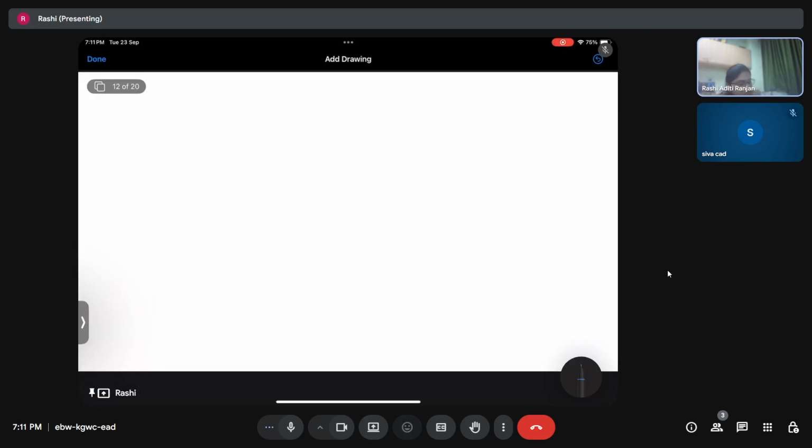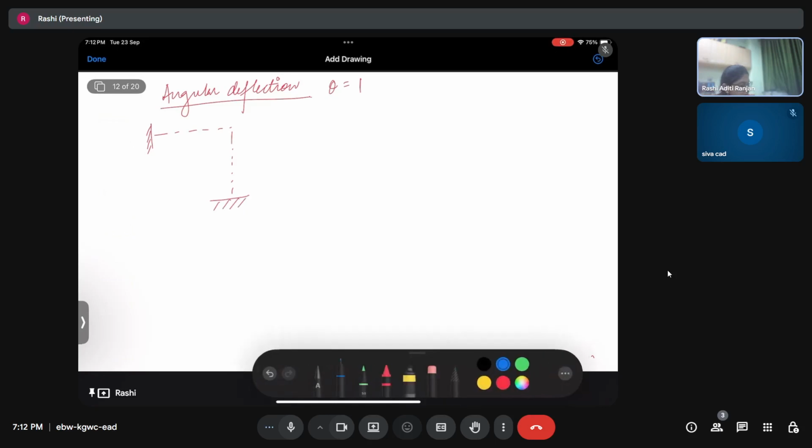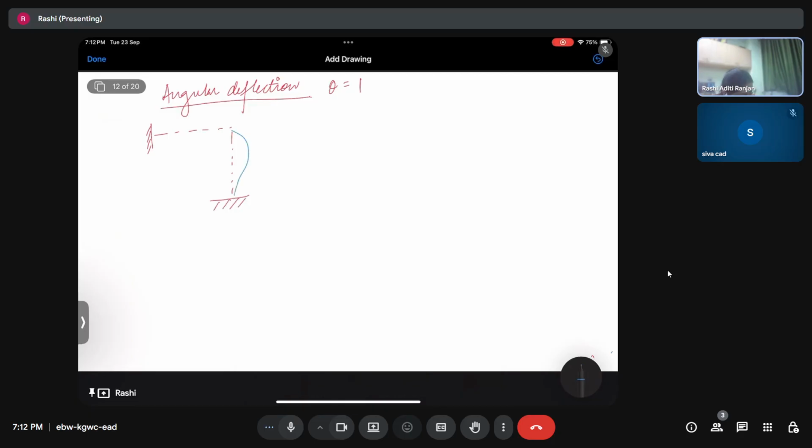The last part is angular deflection. Theta is equal to 1 this time. So it is something like this.